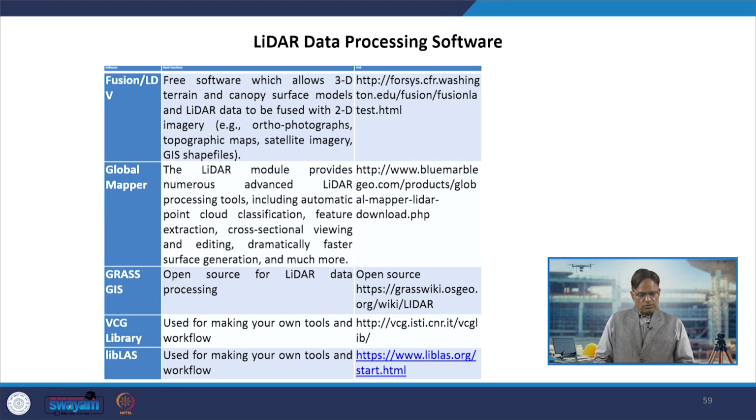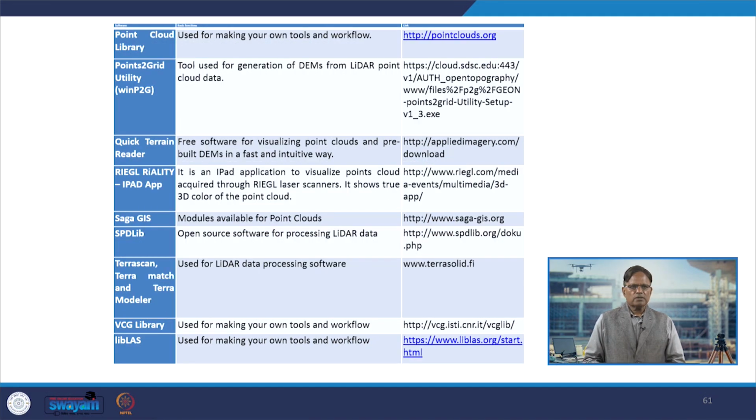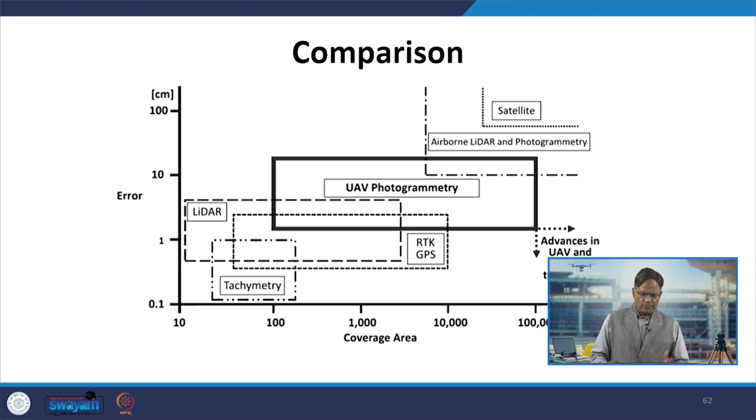As you can see here: Global Mapper, Grass GIS and IBLAS. Then we have the LiDAR Analyst, then we have LAS tool. Likewise, this is a long list of software and various processing steps we can do. We can prepare orthomosaics, we can create digital elevation models, we can create digital surface models.